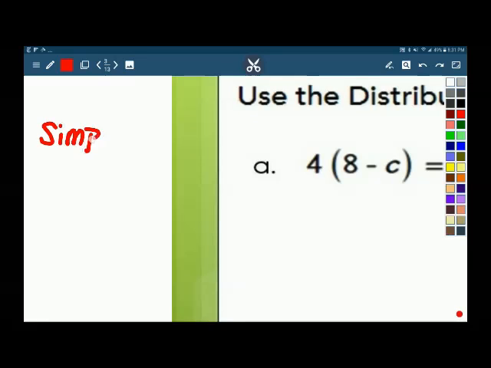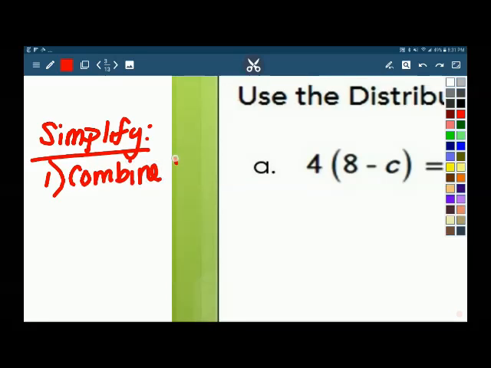Okay, I'm always going to ask that you simplify both sides of the equation first before you start to solve. And that's going to be to combine like terms and then secondly use the distributive property.